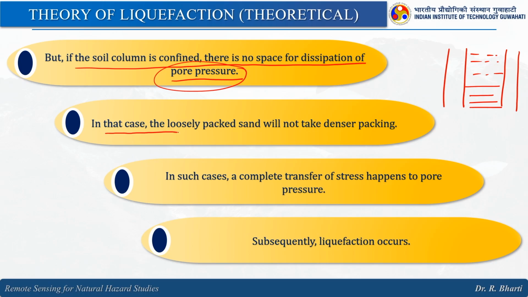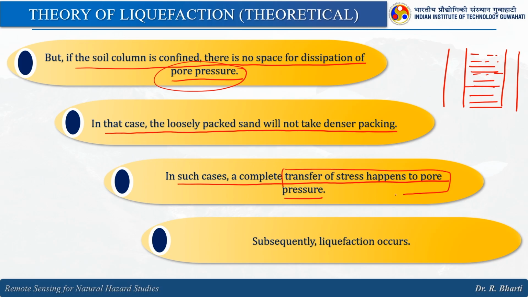In that case, the loosely packed sand will not take denser packing, right. So, this will not be densely packed after the load reversal. In such cases, a complete transfer of the stress to pore pressure happens. Subsequently, liquefaction occurs. So, this is the flow of liquefaction to understand the phenomenon.